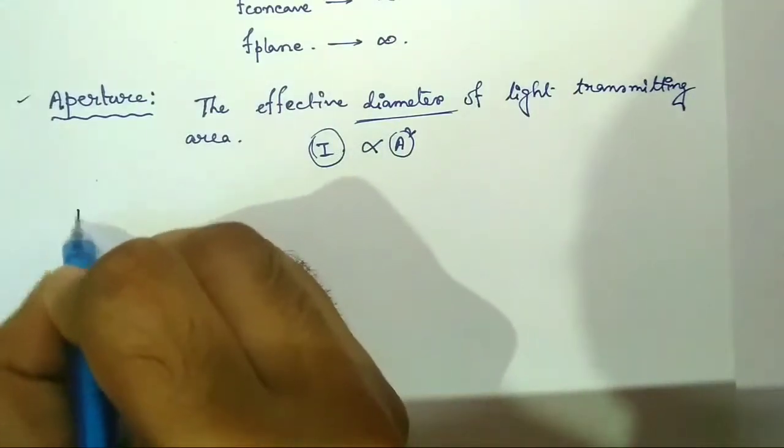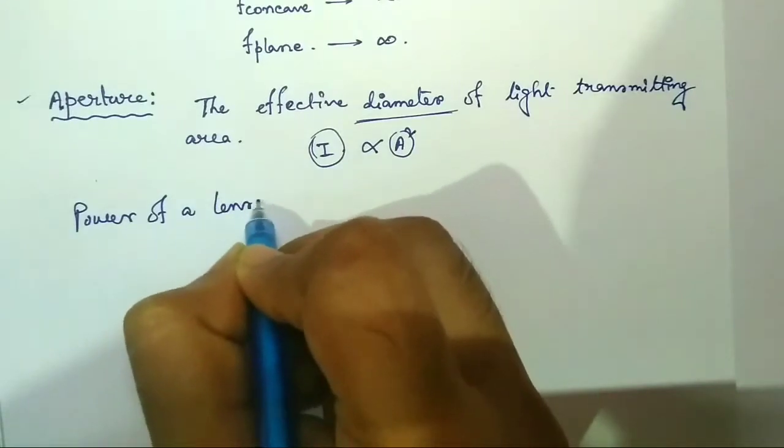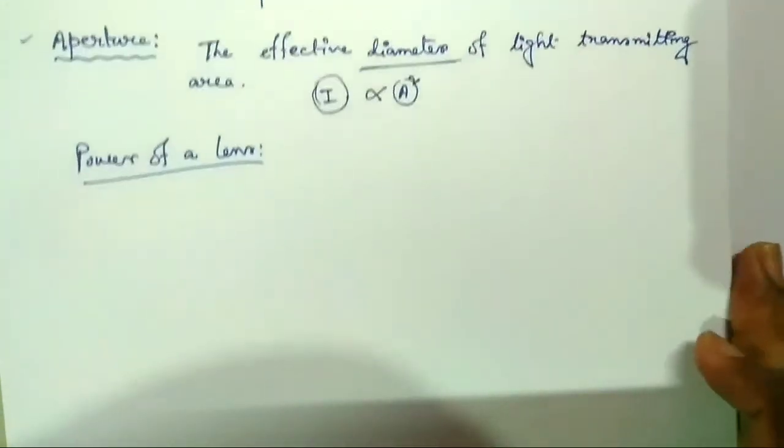Okay? Now, the next point is the power of a lens. The power of a lens is defined as the ability of a lens to deviate the path of the ray passing through it.